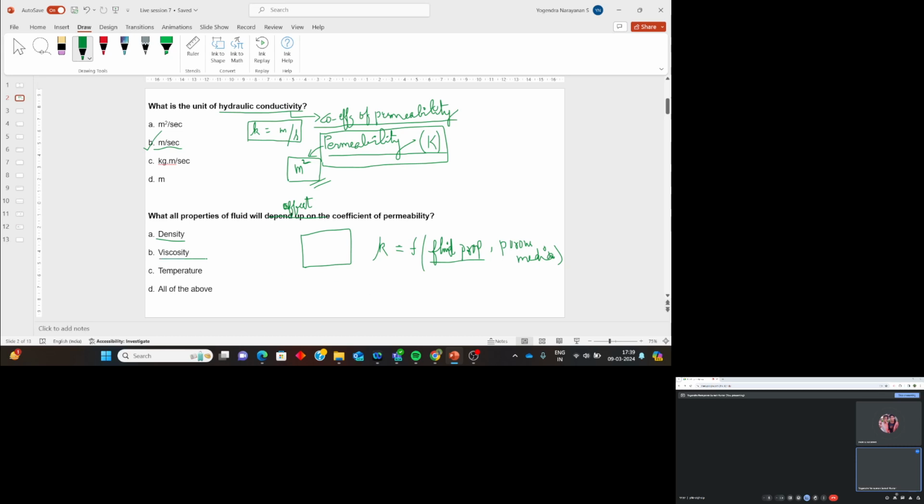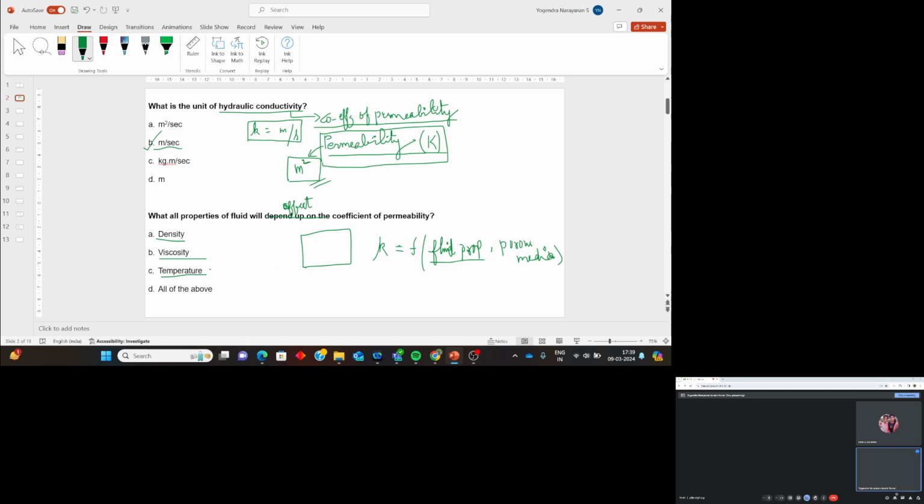And viscosity, we know that if the fluid is highly viscous, its flow through the porous media will be restricted due to the resisting nature of the viscosity.